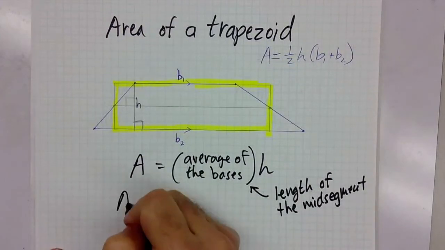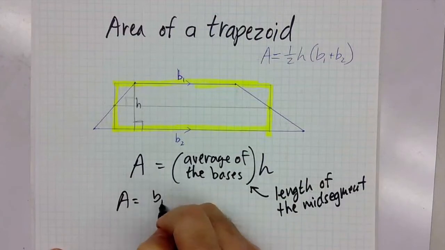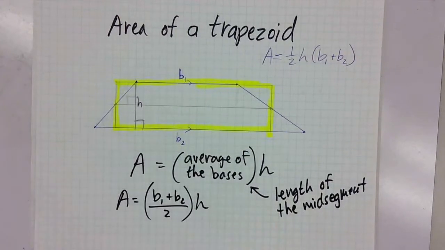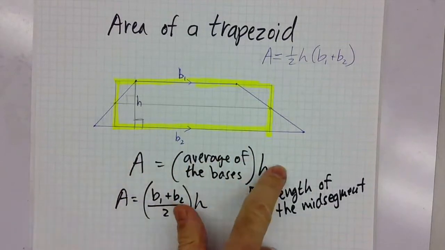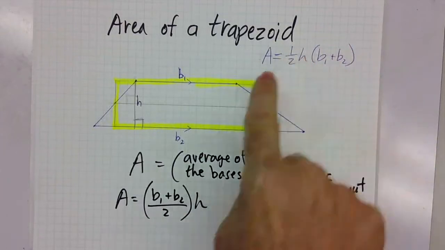If I wanted to write this in a more formulaic way, I would say the average of the bases is B1 plus B2 divided by 2, and then I would multiply that times H. What you want to do is choose the one that makes sense to you, right? In my case, this makes much more sense, because I'm taking half of the sum of the bases. That's my average times the height.